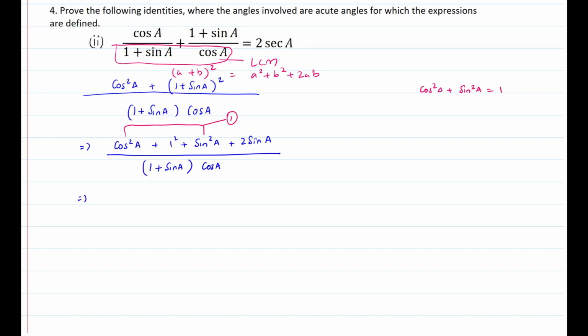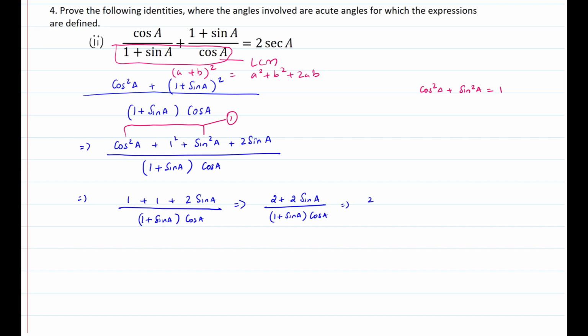So the next step will be 1 plus 1 plus 2 sin a divided by 1 plus sin a into cos a. This implies 2 plus 2 sin a divided by 1 plus sin a into cos a.